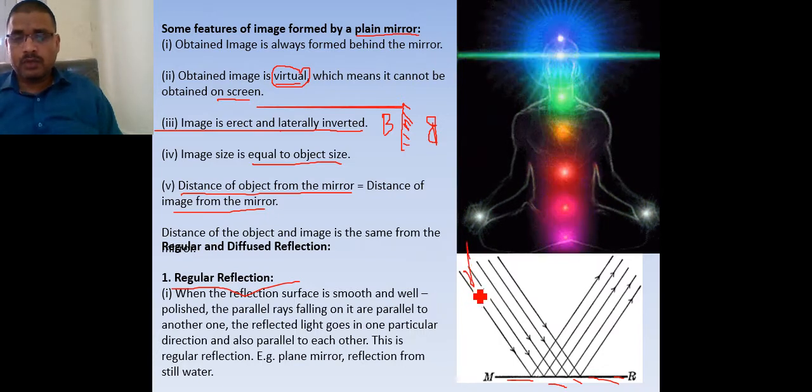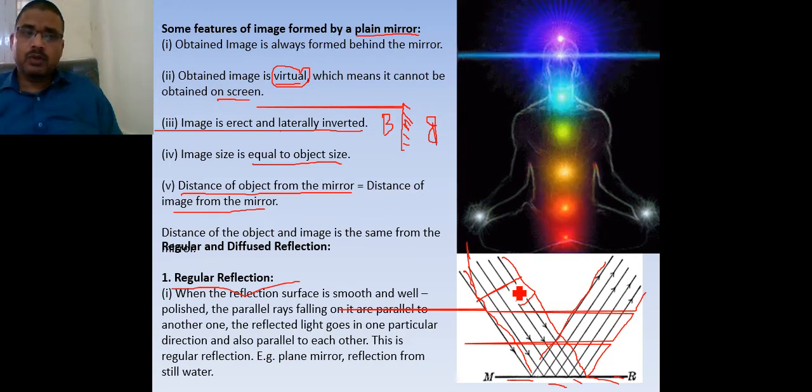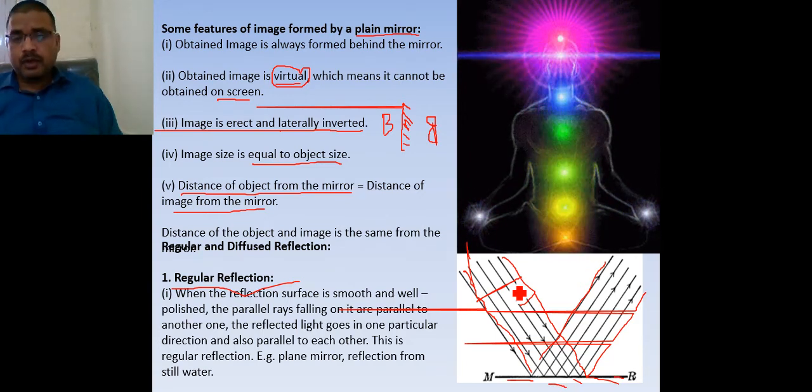When reflected back, they are again parallel. These two lines are parallel lines. If the incident rays are parallel and the reflected rays are parallel, this kind of reflection is called regular reflection.